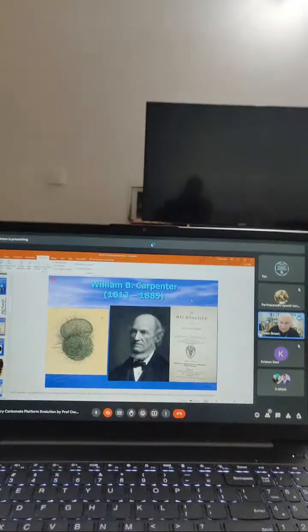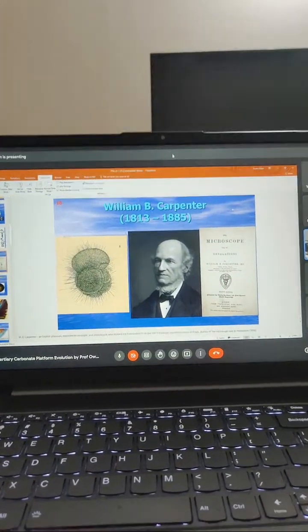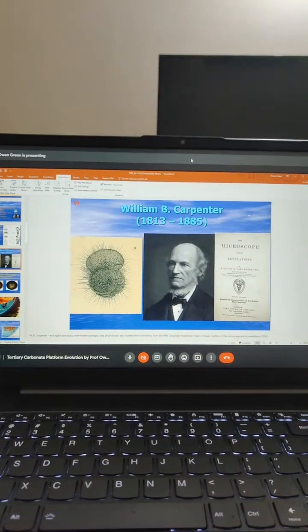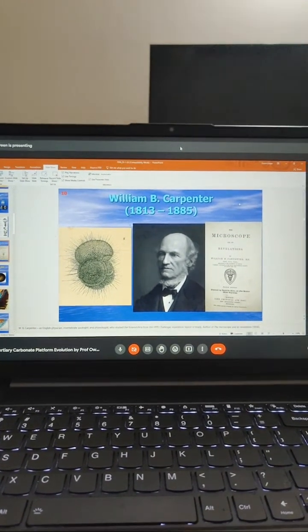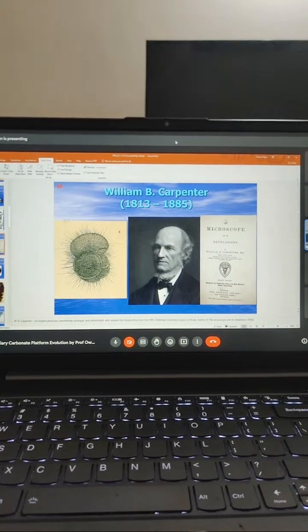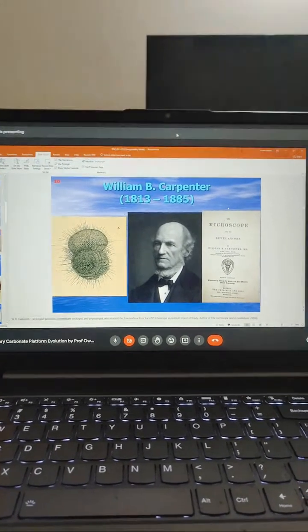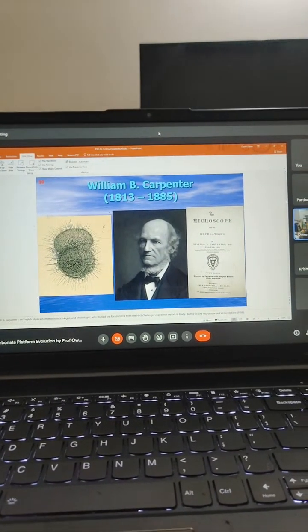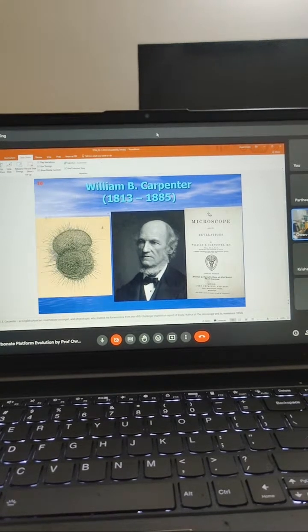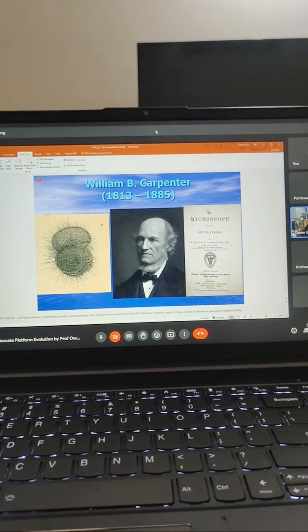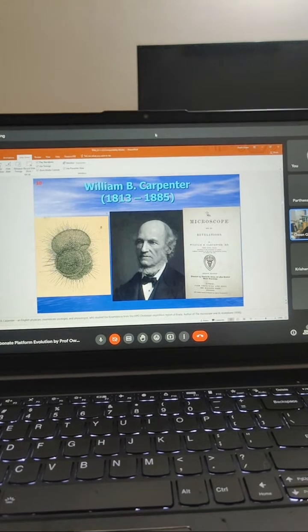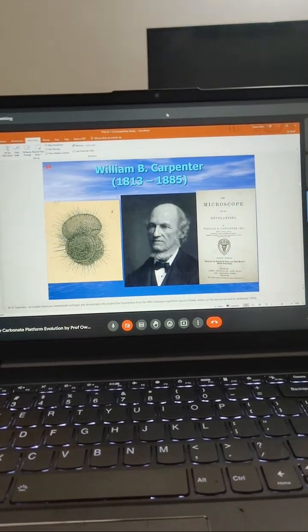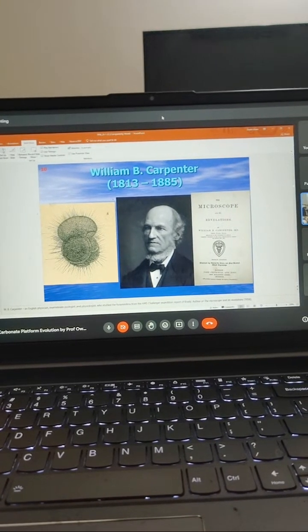So let me just introduce you to this gentleman, William Carpenter. He was a Victorian zoologist. One of his greatest claims to fame was writing a large tome on the microscope, and he was also one of the ecologists, geologists, or paleobiologists who actually studied foraminifera that had been collected from the Challenger expedition.